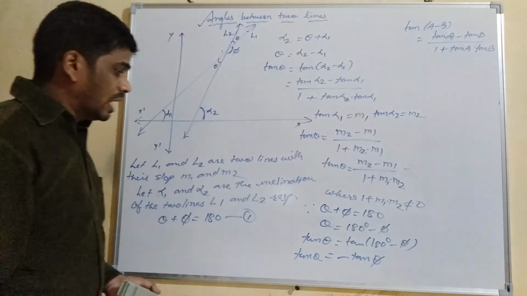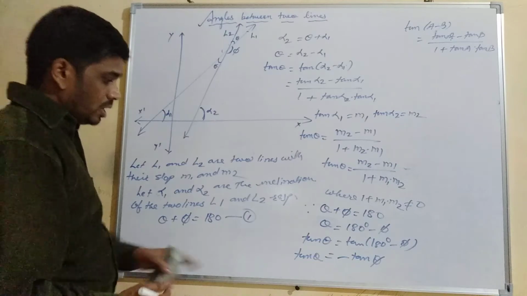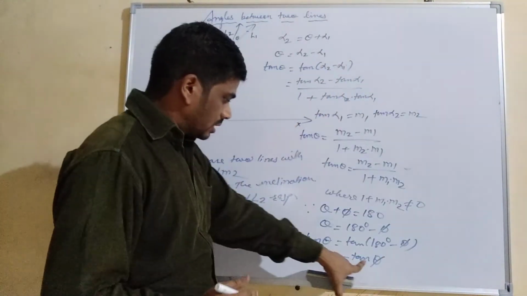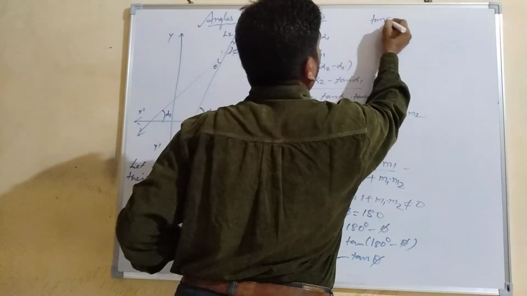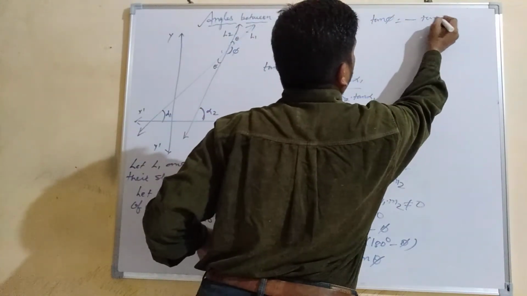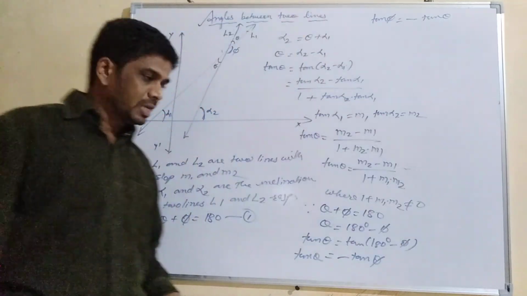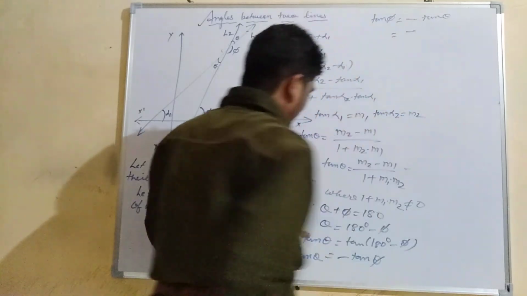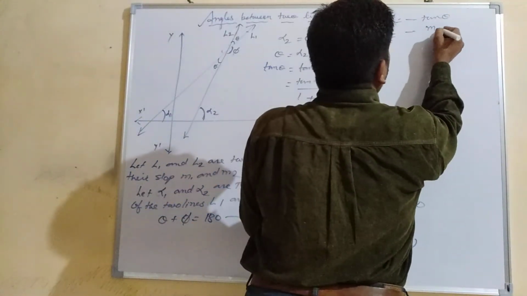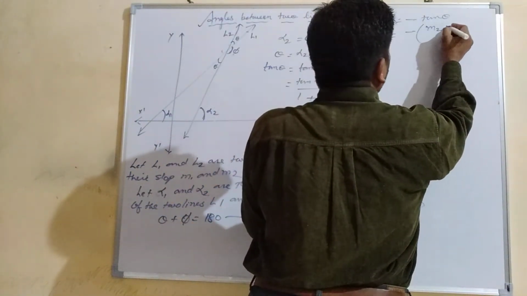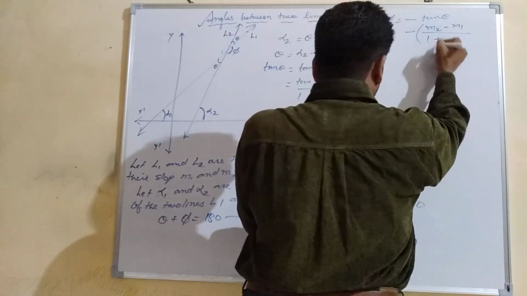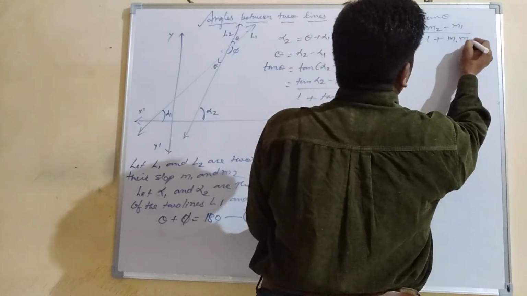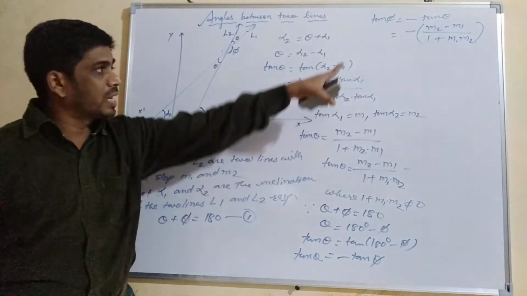Now tan phi will be minus tan theta, which means you can write minus of the tan theta value we got, M2 minus M1 upon 1 plus M1 into M2. This is what we will get for tan phi, which will be negative.